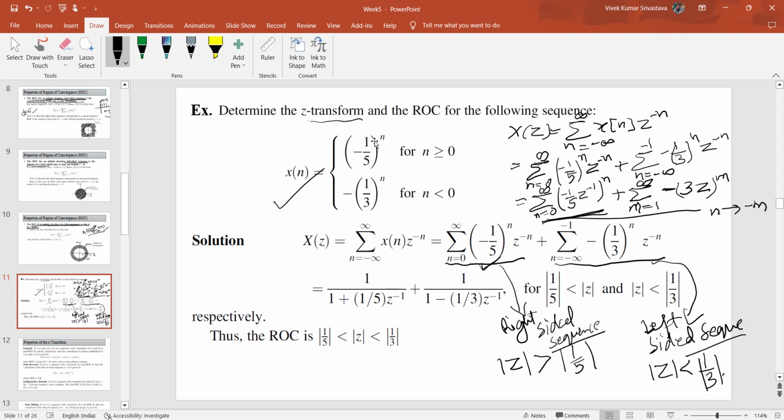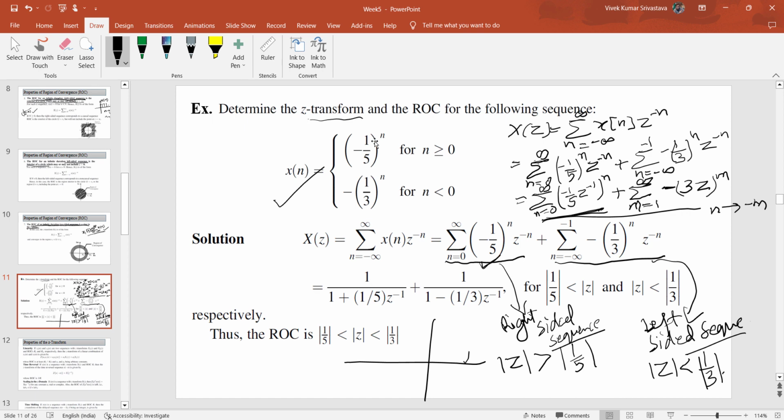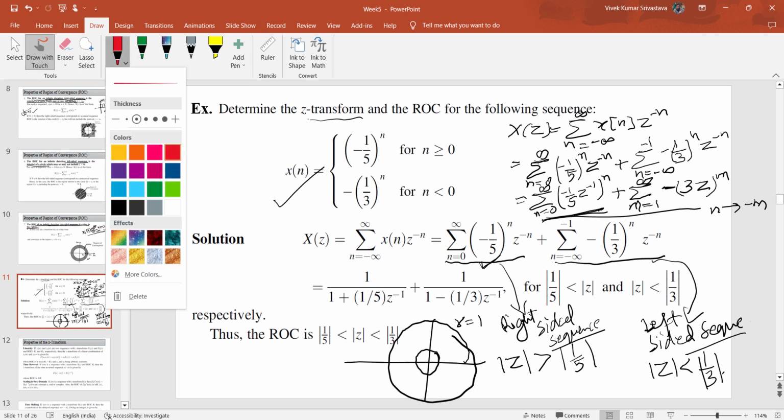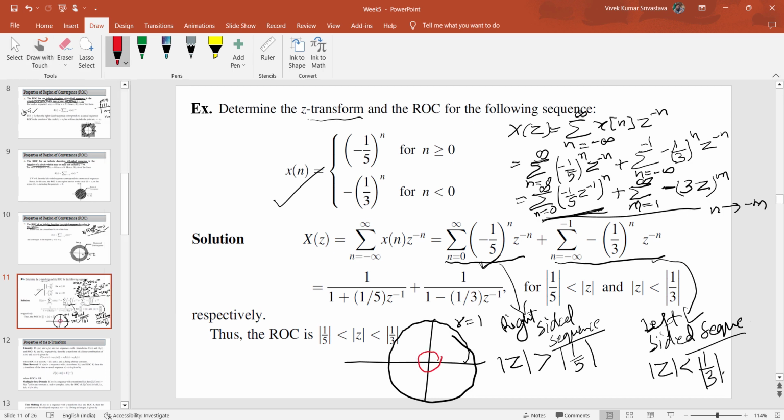Okay, so once you plot this, let us suppose that this is the unit circle, r is equal to 1. So this 1 by 5 will be somewhere here. Let me change the color. So this will be here, that is z is equal to 1 by 5, whereas the second one, that is z equal to 1 by 3, is this circle, the green circle.